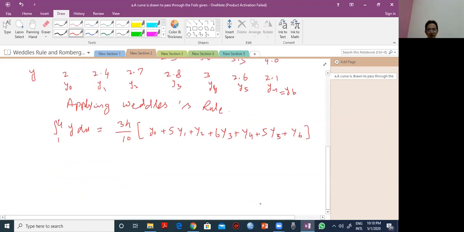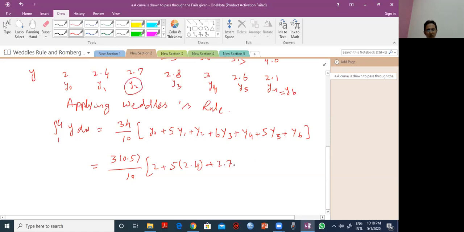So after applying the formula, student, we will put in all these values. What is h? H is 0.5. Y0 is 2 plus 5 times 2.4, which is y1, plus y2, which is 2.7.